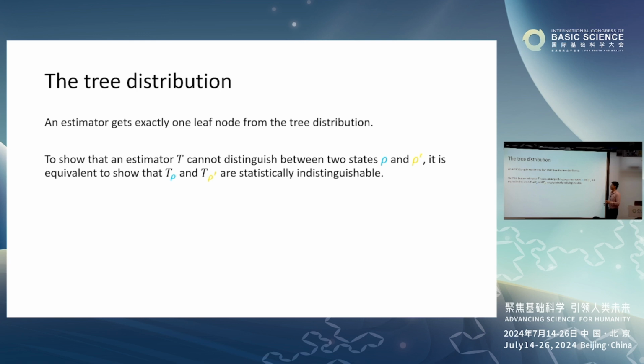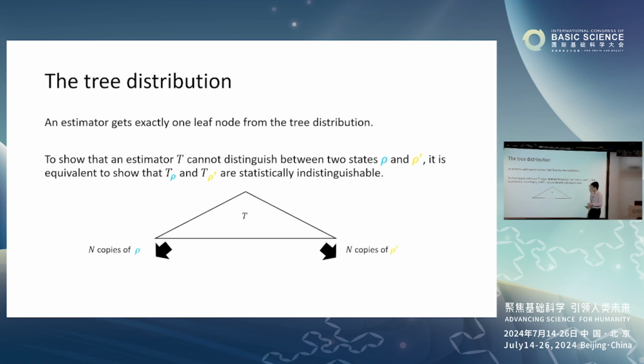That is to say, suppose I want to show you that some estimator cannot distinguish between two states, rho and rho prime. Then it suffices to show that these two tree distributions, t sub rho and t sub rho prime, are statistically indistinguishable. Pictorially, I have some tree. There are two possible worlds: either I ran n copies of rho, or I ran n copies of rho prime, and I end up with either a draw from t sub rho or a draw from t sub rho prime.